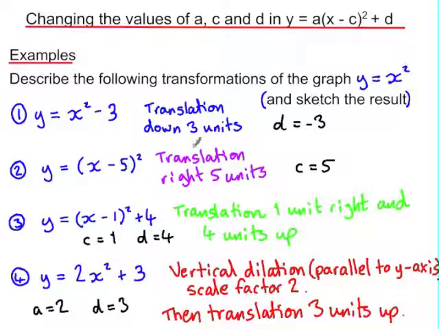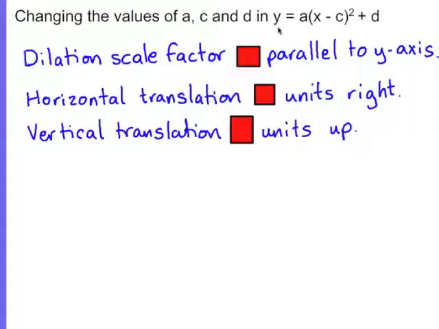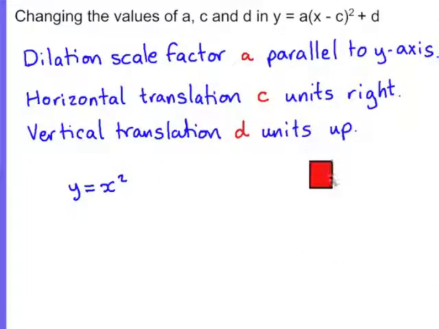So let's summarise the effects of a, c and d. Given a function in the form y equals a(x take c) squared plus d, compared with the quadratic equation y equals x squared, this function has a dilation scale factor a parallel to the y-axis, a horizontal translation c units to the right, and a vertical translation d units up.